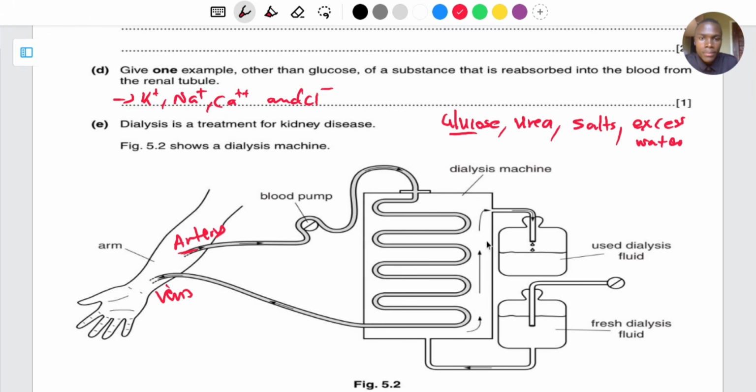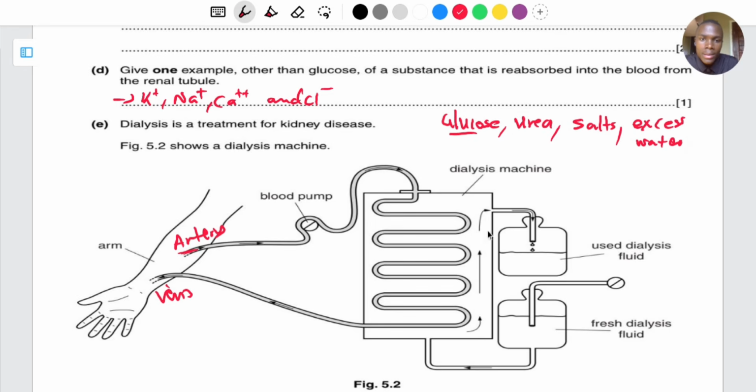So here, the glucose in the dialysis tube, this one is called the dialysis tube, has to be equal to the glucose outside the dialysis tube, so that there is no net movement. Apart from that, urea is contained in blood, so it is in the dialysis tube.